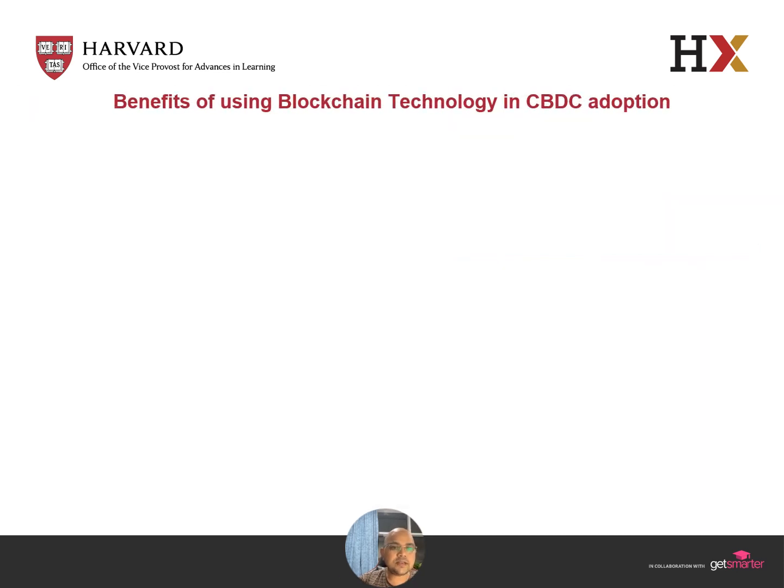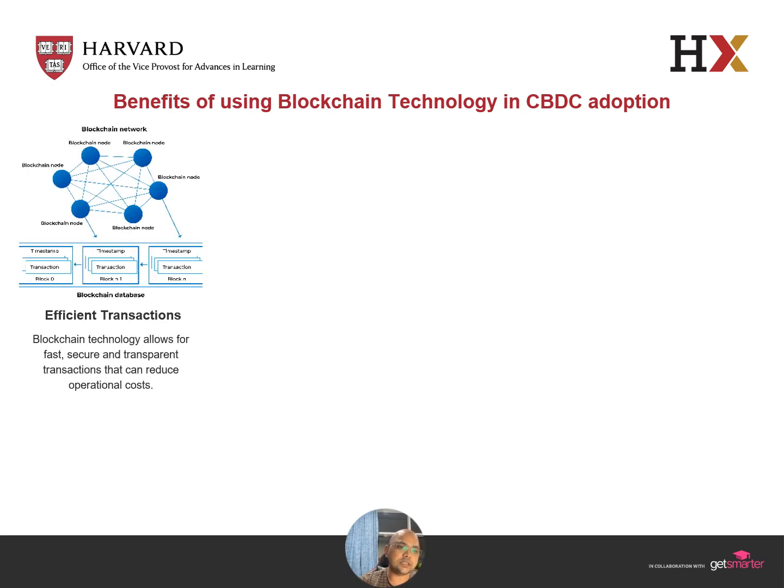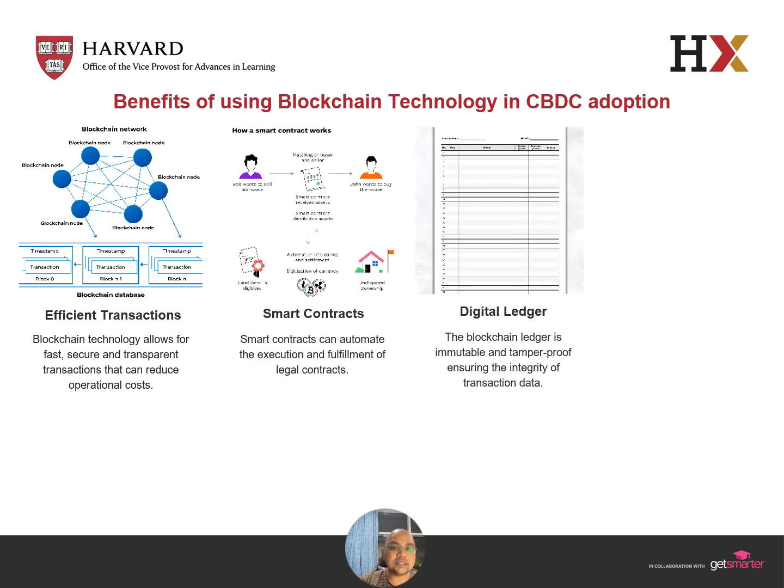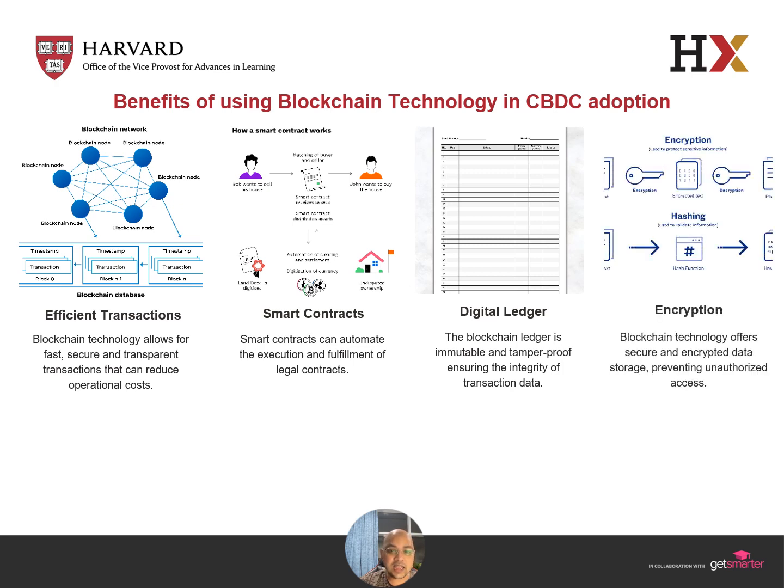So, the benefit of using blockchain technology in CBDC adoption. As I mentioned, for this CBDC we are using blockchain technology. Why blockchain technology? Because it's efficient for transactions, because it has smart contracts, a digital ledger and end-to-end encryption, which is much more secure.